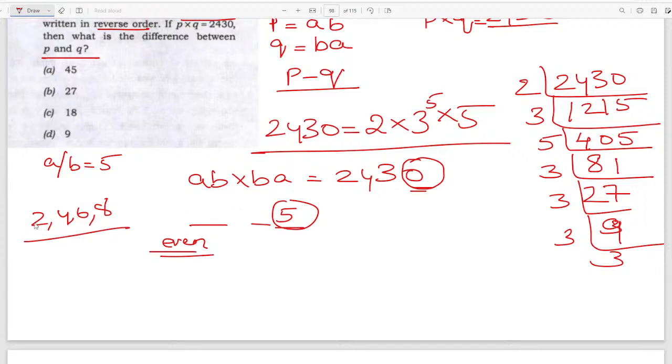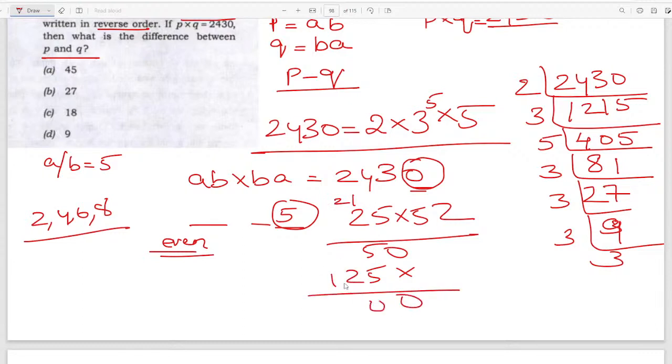We'll take the other term as 2, so 25 into 52. We'll just check what the number is. 2 fives are 10, 5 twos are 10, and so on, giving 1300.